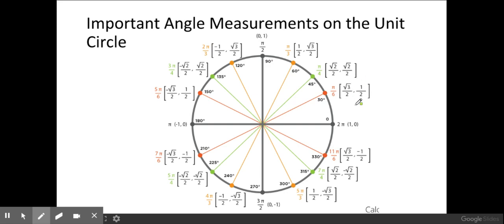For instance, square root of 3 over 2 and 1/2 is going to show up over here, and then down here, and then over here. So all of the measures that go with the 30 degrees and the pi over 6, so all of the radians that are over 6, are going to have the same coordinate point, but which quadrant it's in will determine what's negative and what's positive.